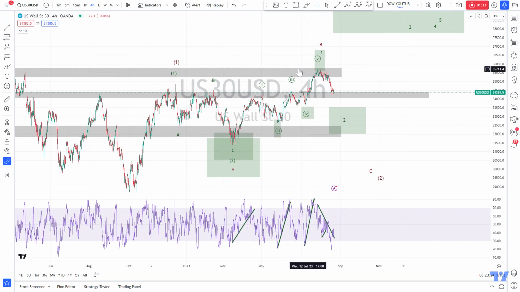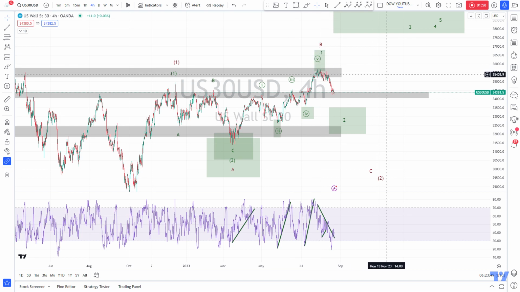Depending on the data source you take, your wave 3 is slightly shorter than your wave 5 or slightly longer than your wave 5. So here on the Oanda platform, it is slightly shorter than the wave 5. But if I look at other sources, the wave 3 is slightly longer than your wave 5.